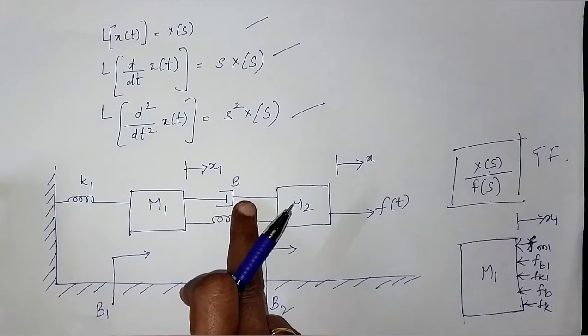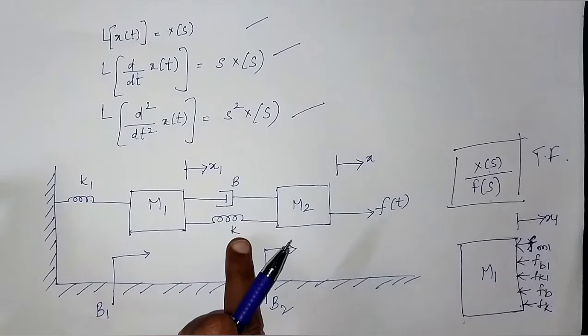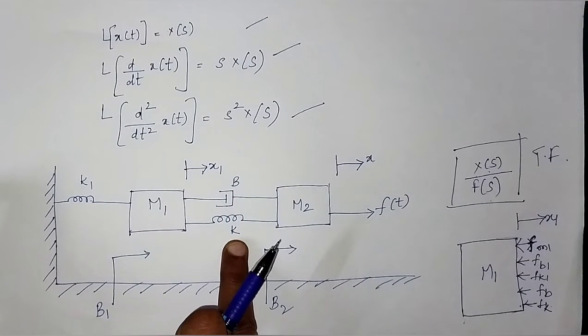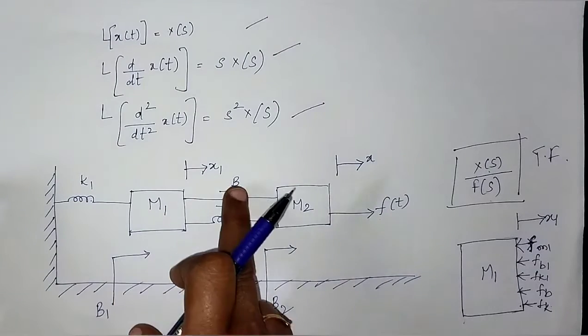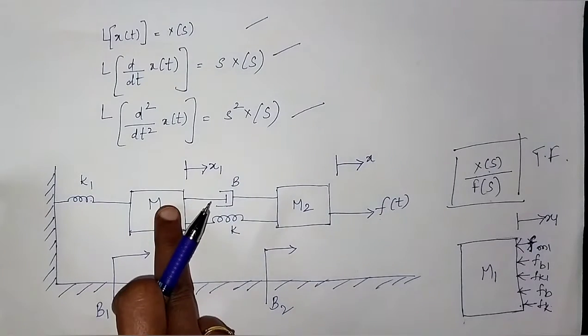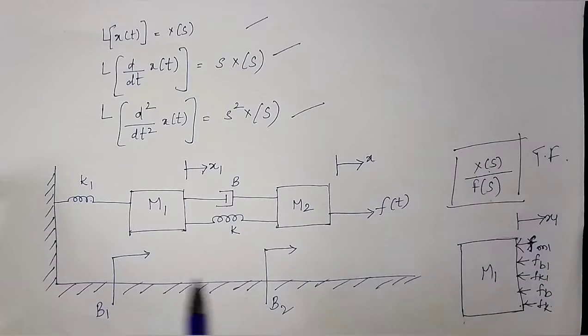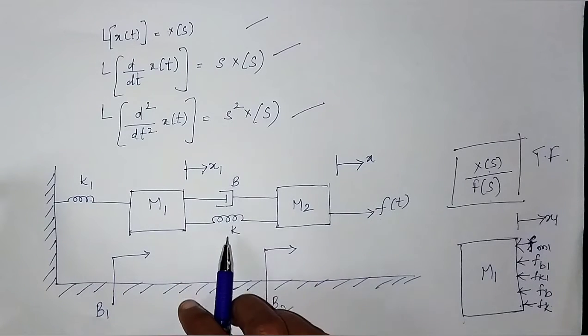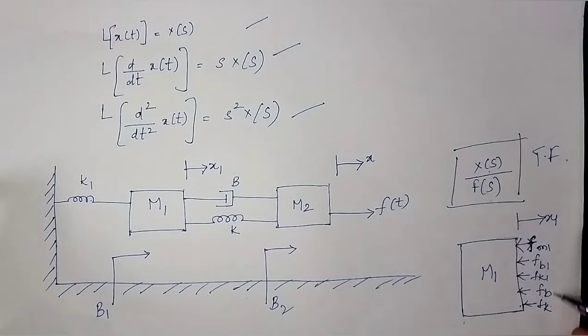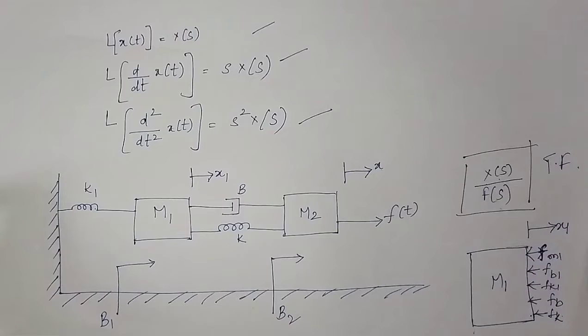In common we have another dashpot and a spring, so 1, 2, 3, 4 and this is 5. So we have 5 opposing elements here.